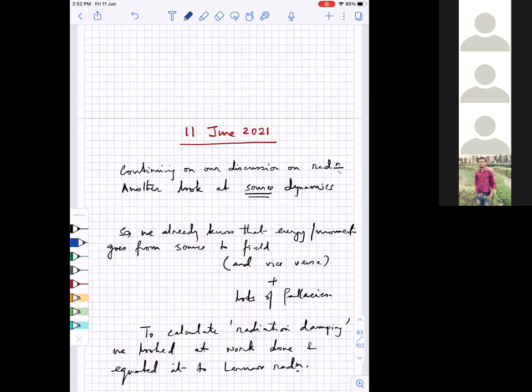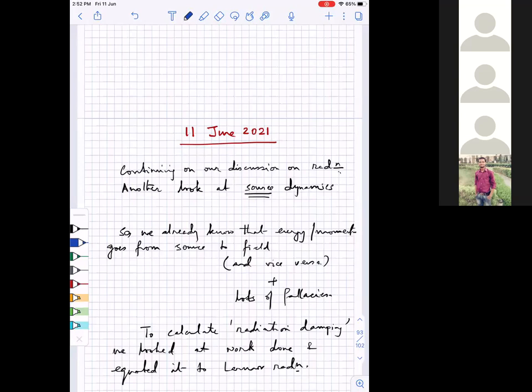So we are not talking about that; that would be another aspect to it. So this energy goes to the field, the radiation that comes from the source. And sometimes we realize that when the source gives radiation, this radiation can back react on the source, and that was radiation damping.